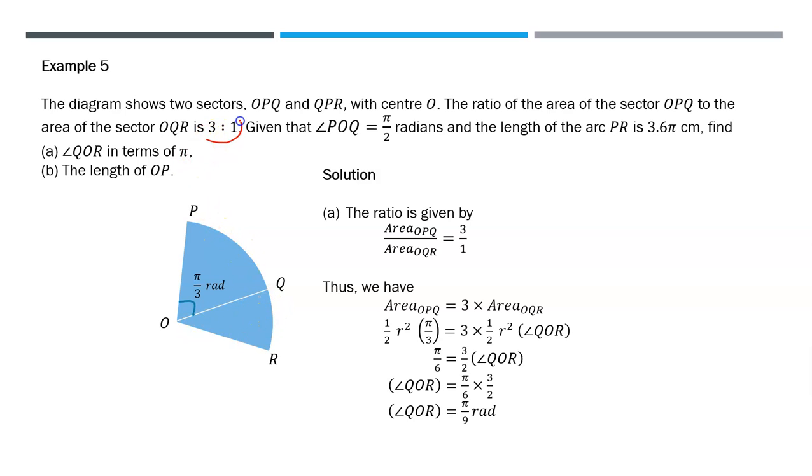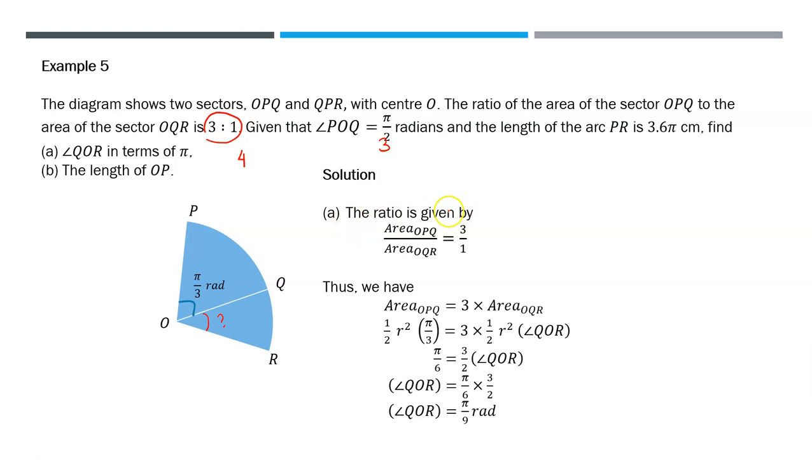So daripada sini kita tahu OPQR is 4 lah kan, the total of the two ratio. Okay, given that POQ angle is pi over 3. This one should be pi over 3, POQ. Okay, and the length of the arc PR is 3.6 pi. Find the QOR. You want to find ini.